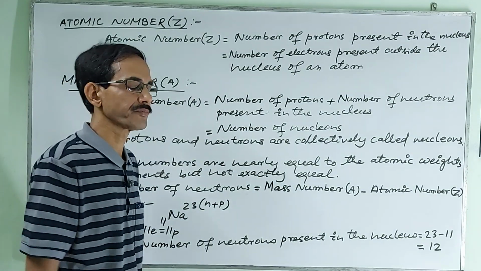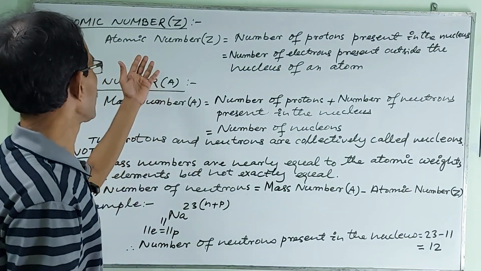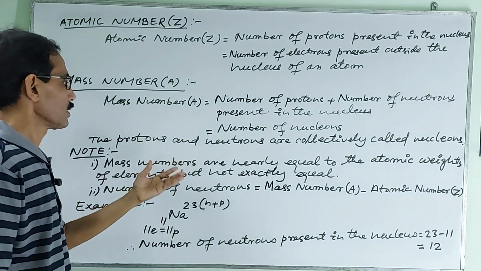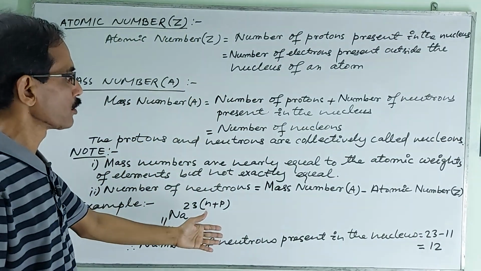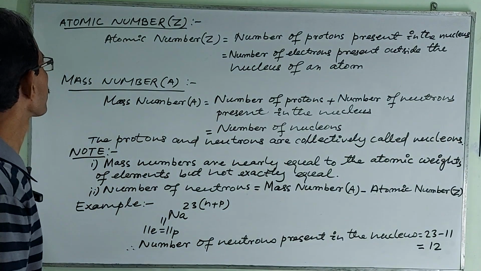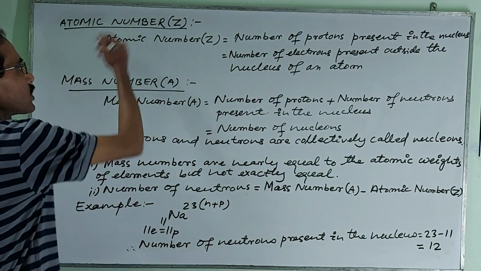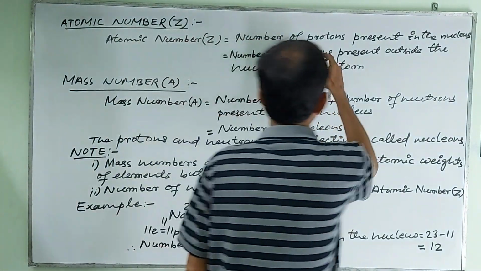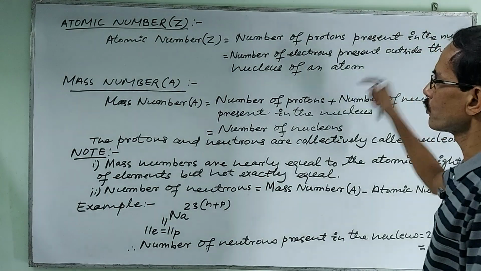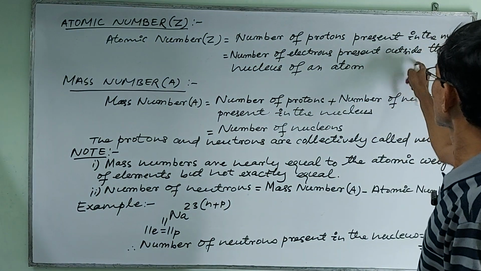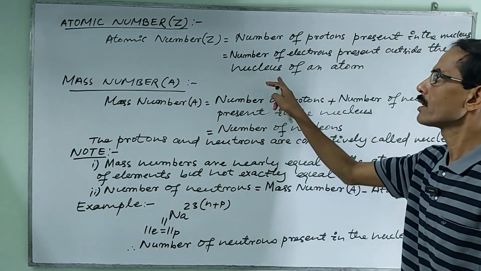My dear students, earlier I explained atomic number and mass number. Here I have written them properly for your reference. Atomic number is denoted by Z. Z is equal to the number of protons present in the nucleus, which is equal to the number of electrons present outside the nucleus of an atom.